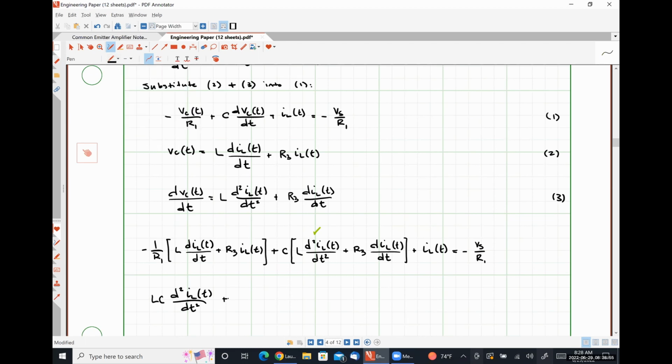Now we're going to look for first derivative terms. I'm going to have R3 times C minus L over R1 times the first derivative, and that's coming from this term and this term.